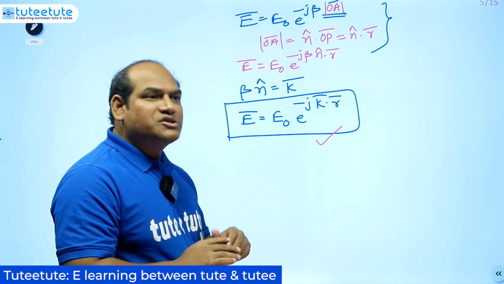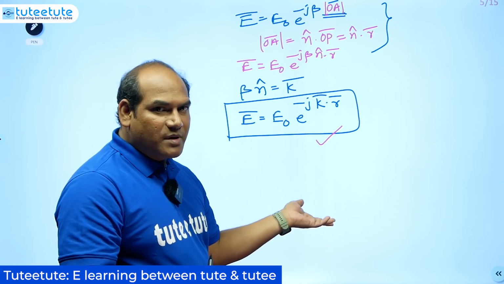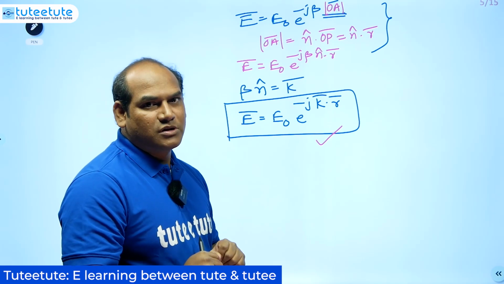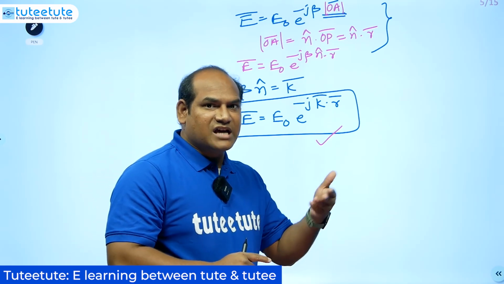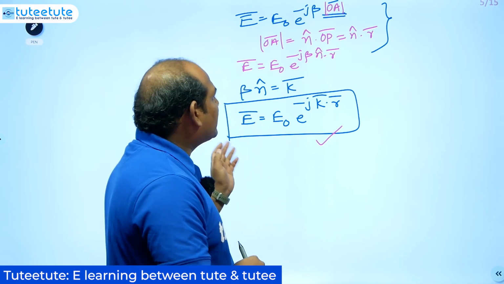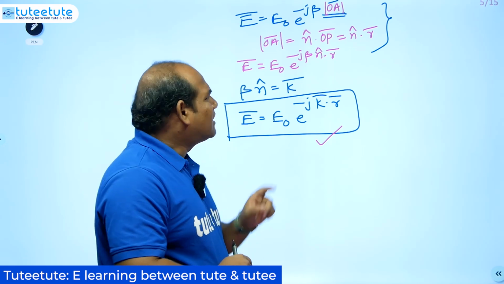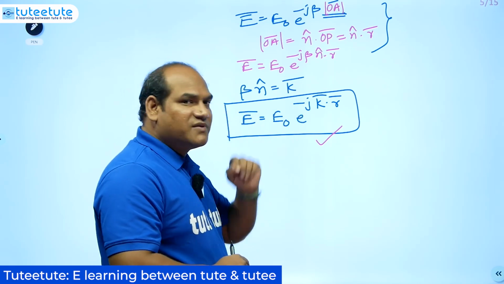So from now onwards you will not get any confusion about why we are taking K bar dot R bar, what K bar is, or why we have not taken beta. When the wave is traveling in an arbitrary direction, we can take the representation like this, whether it is the electric field or magnetic field. But you should remember that K bar means beta into n cap.